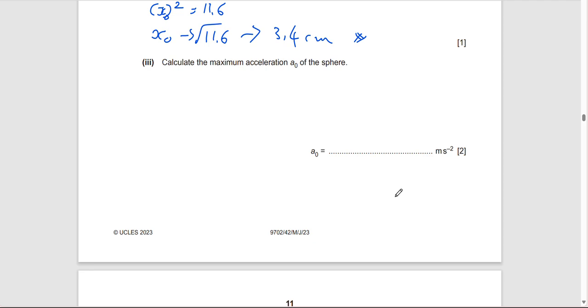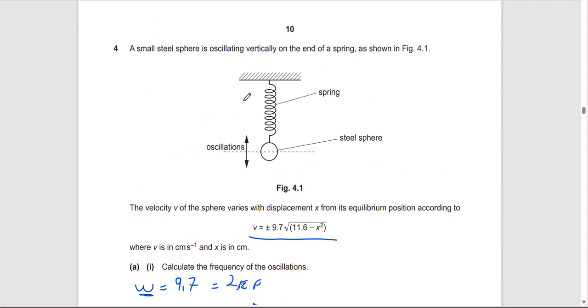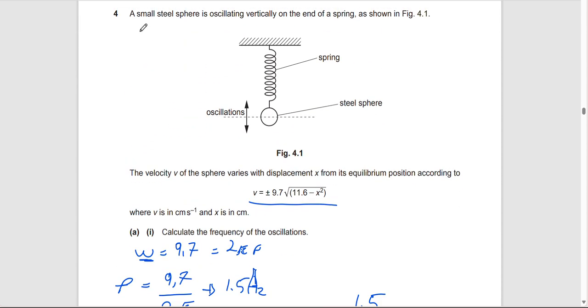Part 3. Calculate the maximum acceleration a naught of the sphere. All right. So when do we have maximum acceleration? So remember, as this oscillates, it's going to have a maximum extension, right? And it's going to have a minimum extension where the ball is somewhere here, and this is sort of like the midline, which is given there, right? So when that happens, remember our simple harmonic motion equation, acceleration is equal to minus omega squared x, right?